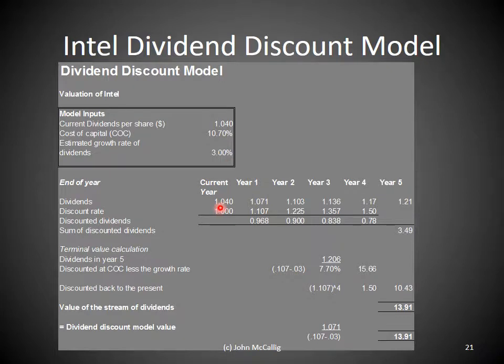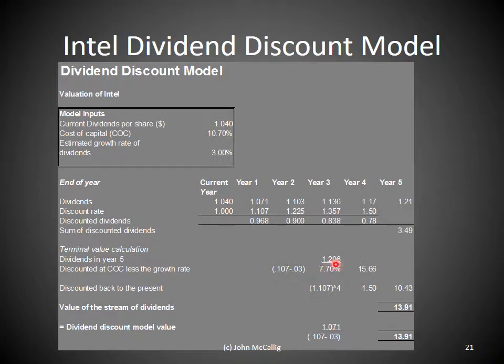So we can forecast the dividends through years 1, 2, 3, 4, and then discount them at our cost of capital, and that gives us discounted dividends for years 1 through 4. The question is then, what do we do by year 5? Well, here we could have just discounted the whole thing along as I did on the last slide, but I'm going to do a terminal value calculation here.